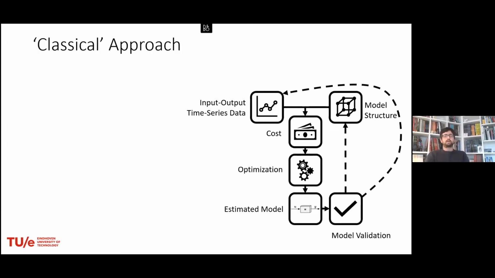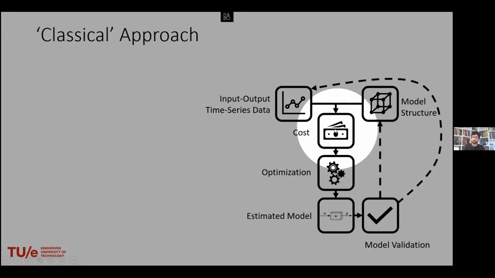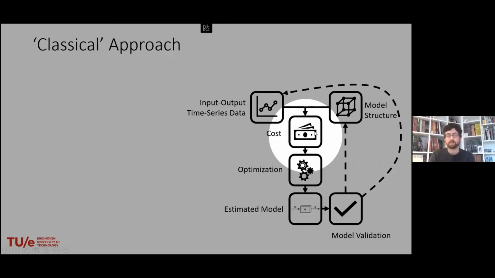Okay, let's start with the classical approach. I'll introduce that classical approach based on the identification framework. So we start with data. We have also a model structure that we have chosen, and there are some parameters in the model structure. We bring those two together in a cost function that tells us how far away the model is from the data.